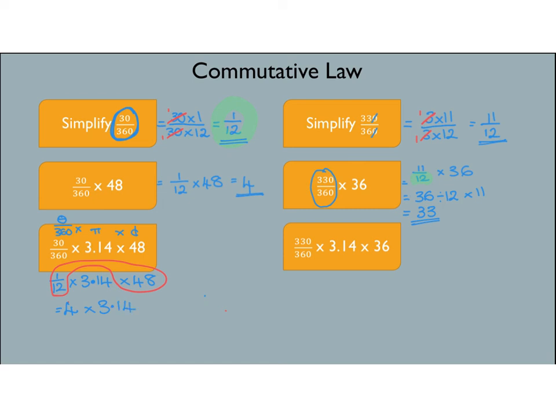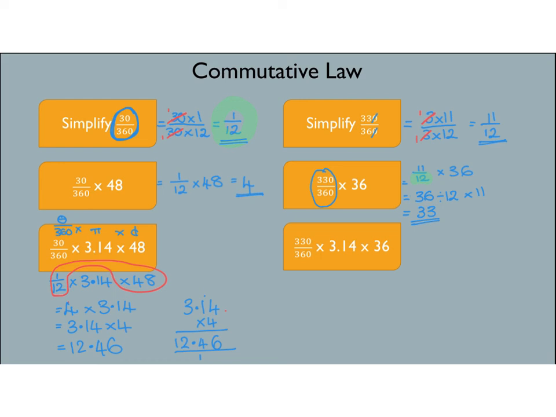Remember that's the same as 3.14 times 4. So you could do a wee sum like that. I don't mind how you do it, as long as you get the right answer. 4 times 4, 16. 4 times 1 is 4. 4 times 3 is 12. And it looks like that.